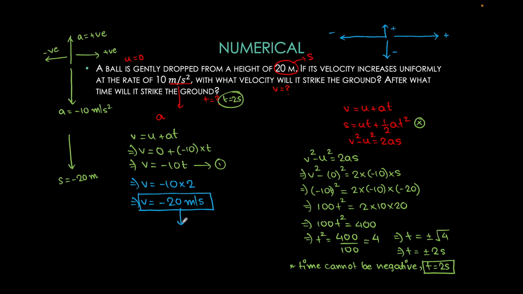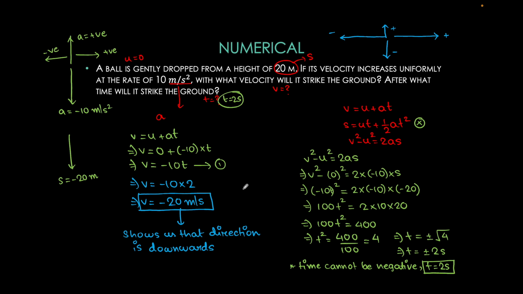Always remember that this negative sign shows us that the direction is downwards, right? As I told you in this concept, in this case, the acceleration, displacement and velocity all are in the downward direction, and so they have a minus sign, right? Because they all are vector quantities.